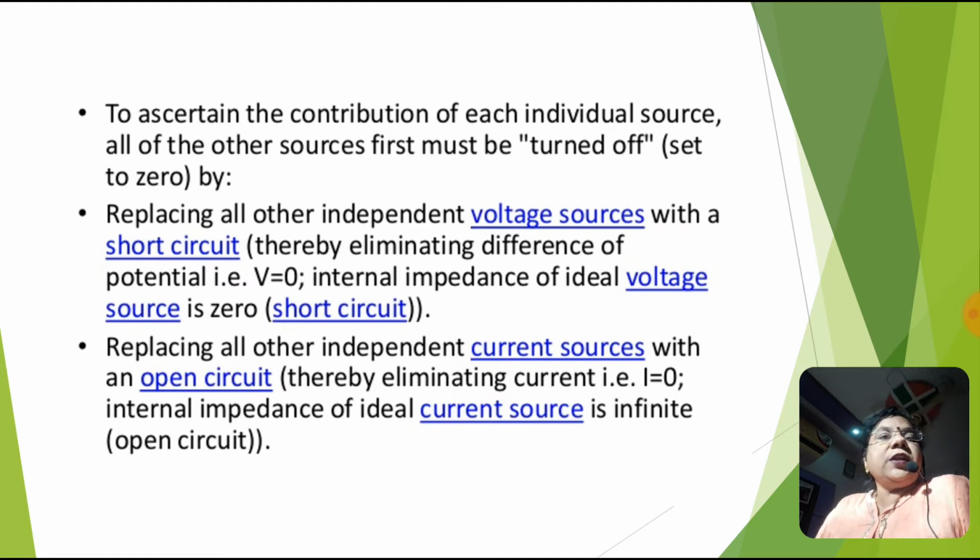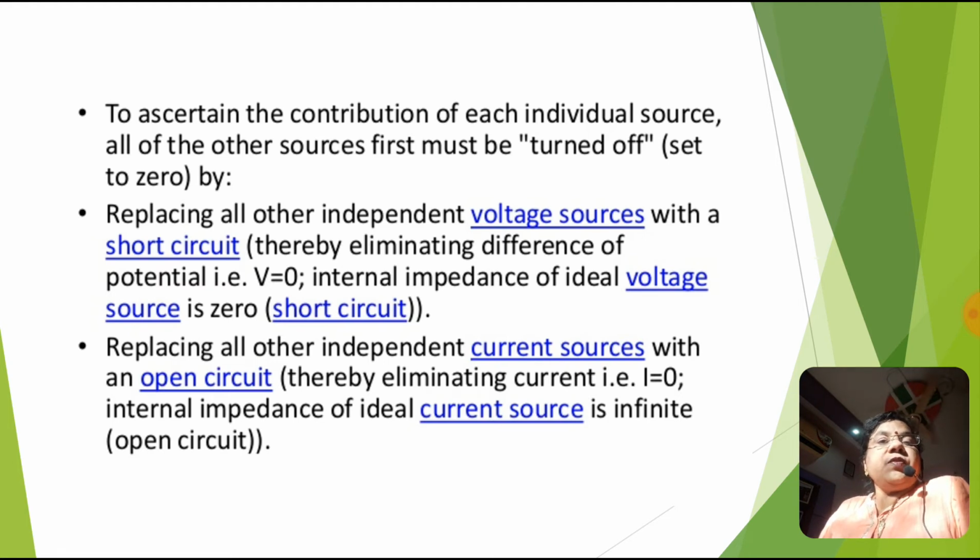To ascertain the contribution of each individual voltage source, all the other sources first must be turned off, that means set to zero, by replacing all the other independent voltage sources with a short circuit, thereby eliminating the difference of potential. It means V is equal to 0. Now internal impedance of any ideal voltage source is 0.